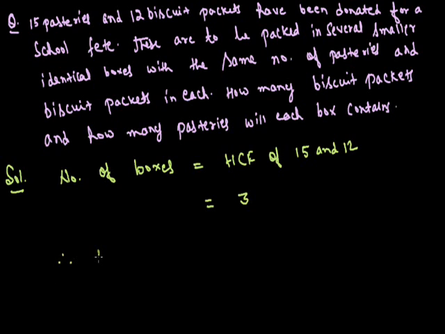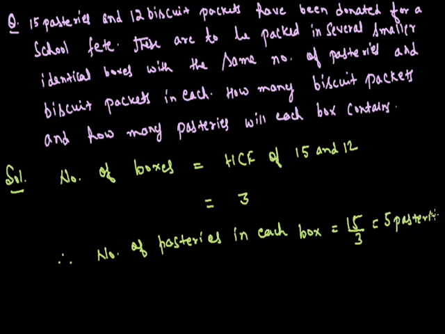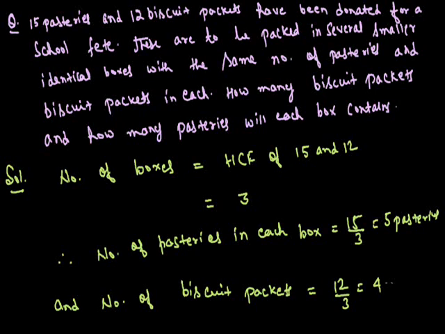Therefore, number of pastries in each box is equal to 15 by 3 equal to 5 pastries, and number of biscuit packets is equal to 12 by 3 equal to 4 biscuit packets.